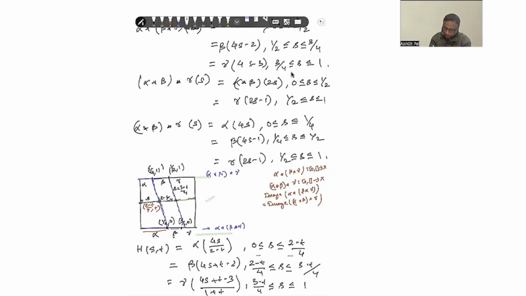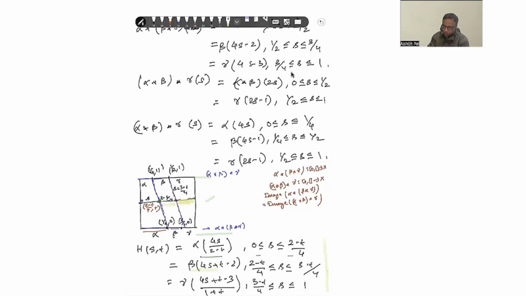And I just define alpha on that, so alpha of 4s by 2 minus t. Similarly, for the other part you can define beta. And in the next part, using the equation of the line segment, you can define gamma on this horizontal line segment.